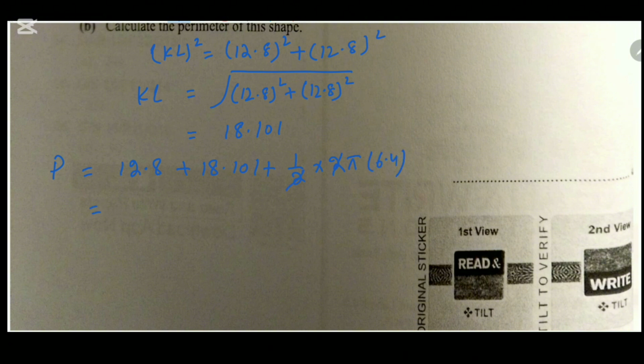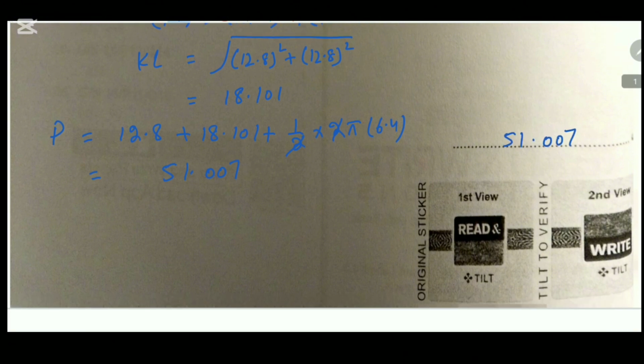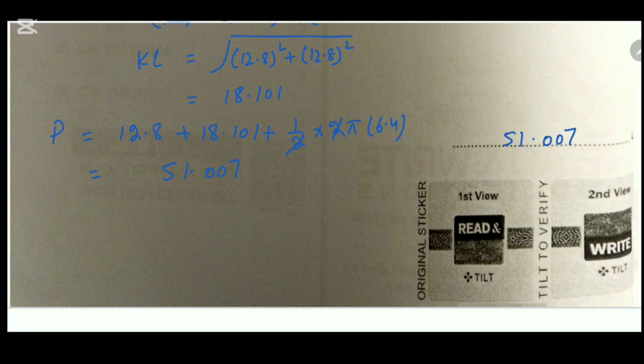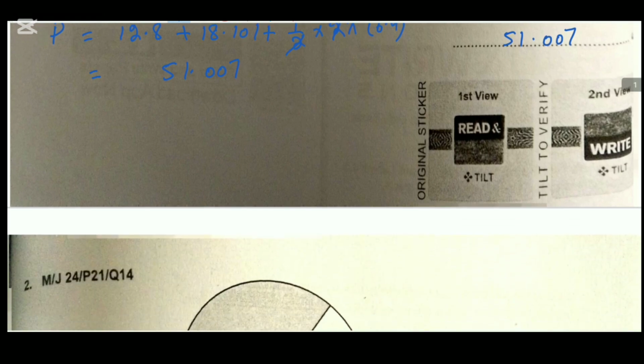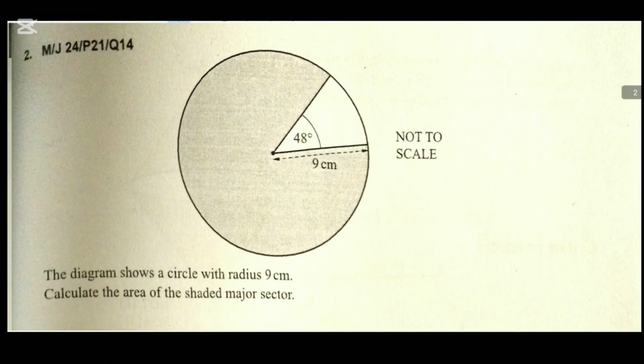Now if you put it in the calculator, you will get your final answer, that is 51.007. I told you how you have to put it in the calculator. You have to be very careful. Okay, next question.